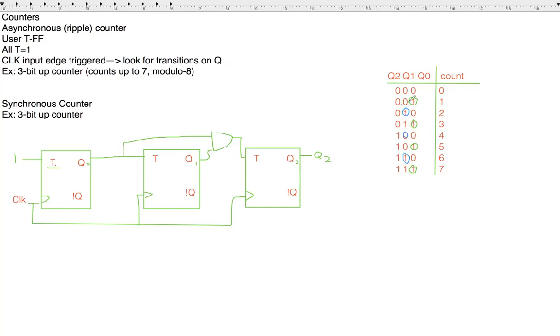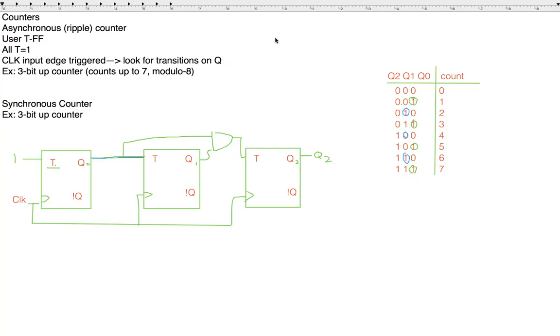When Q0 was 1, it toggled and flipped to 0. When Q0 was 1, it toggled to 1. And then in the next one, it's going to be 0, 0, 0, so it will toggle from 1 to 0. So that's why we connect Q0 here to the input of the next one, since Q1 toggles every single time Q0 goes to the high state.